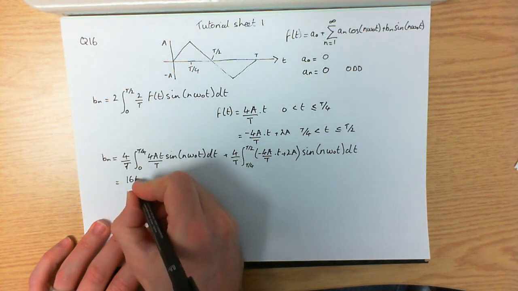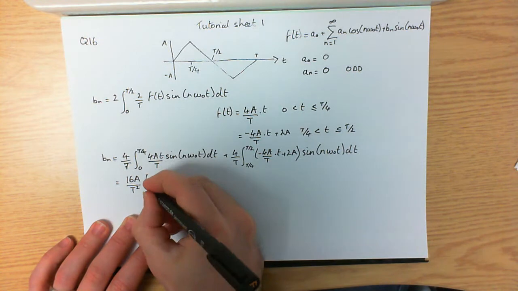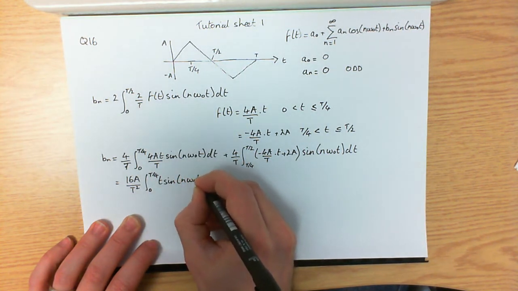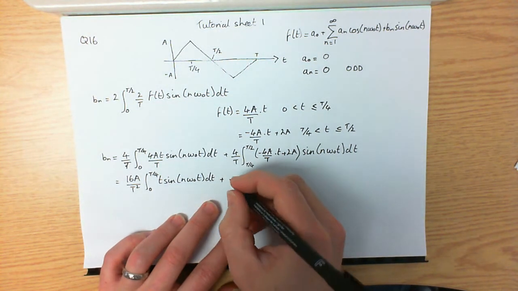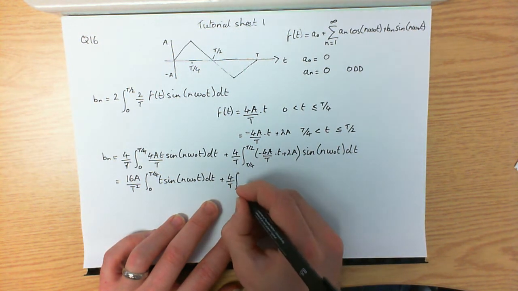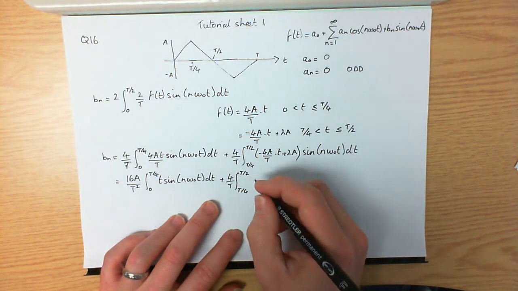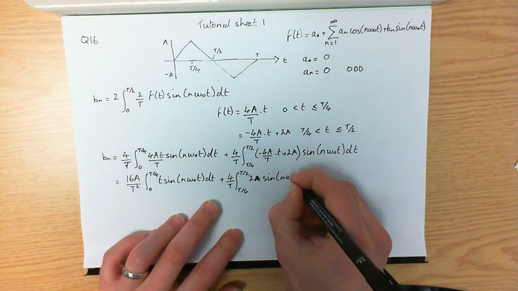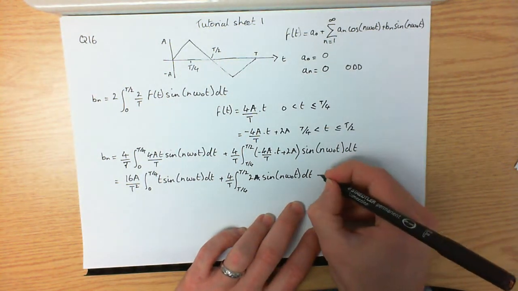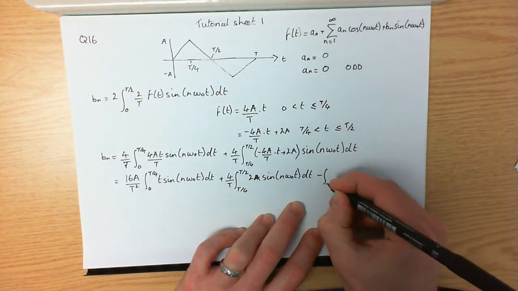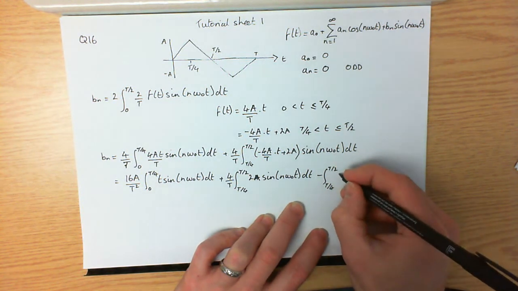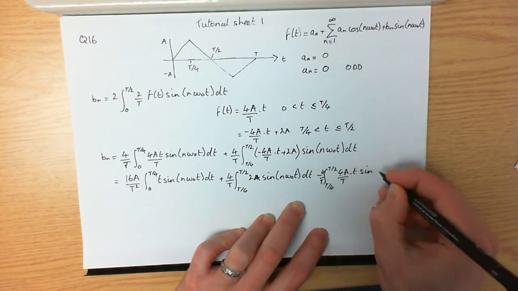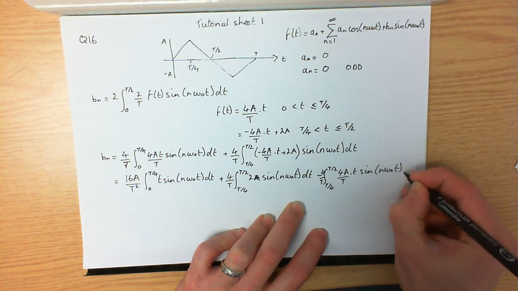What we get is 16a over T squared, integral from 0 to T over 4 of t sine n omega naught t dt, plus 4 over T integral from T over 4 to T over 2 of 2a sine n omega naught t dt, minus the integral from T over 4 to T over 2 of 4a over T t sine n omega naught t dt.